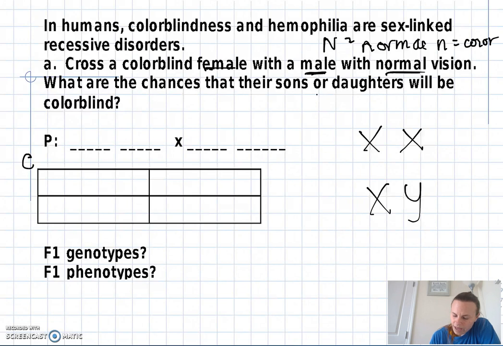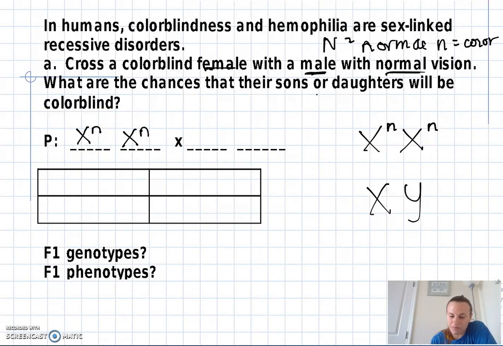In order for a female to be colorblind, she needs to have both colorblind alleles on her chromosomes. So she needs X lowercase n, X lowercase n. So that would be the phenotype of the female.